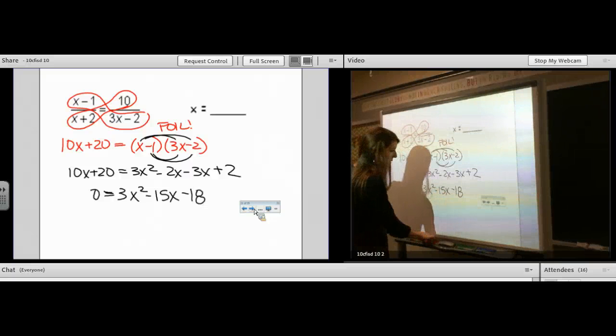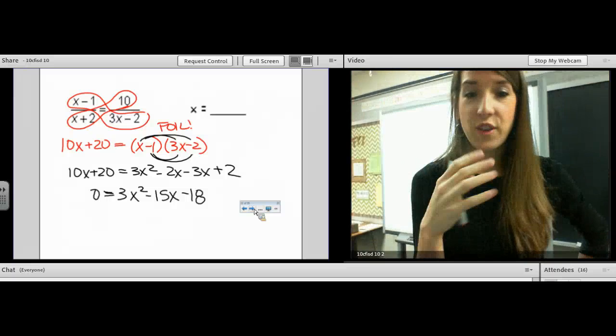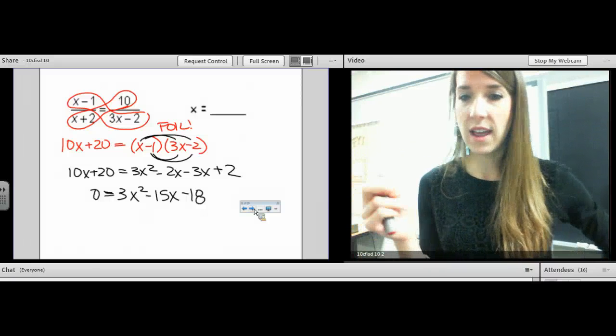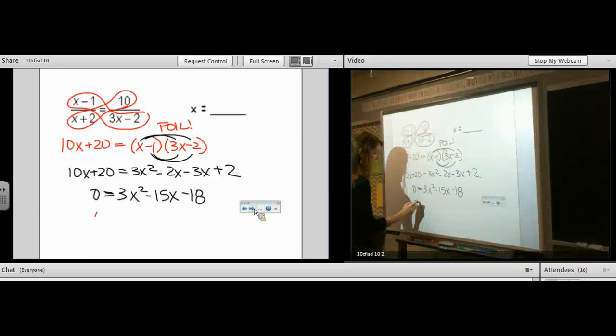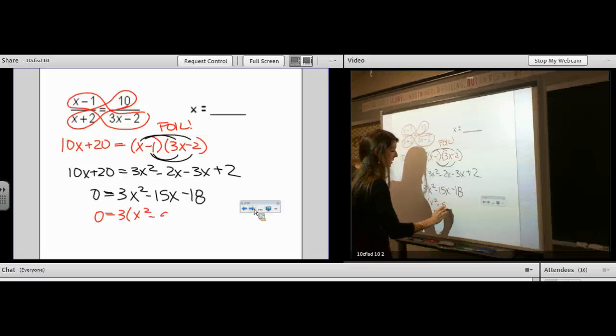Ooh, there's good news about this one. The good news is, when I bring everything to one side, there's a 3 in every single number. So I'm going to get rid of that 3 because I don't like having to factor with a leading coefficient. So I'm going to pull a 3 out. Oops. 3 comes out, x squared minus 5x minus 6.